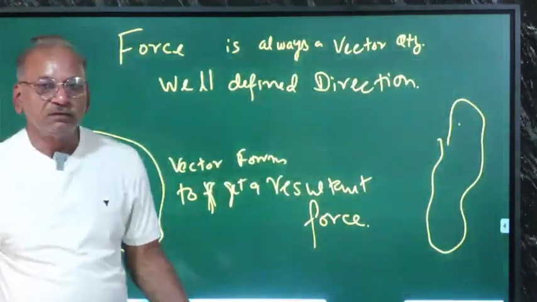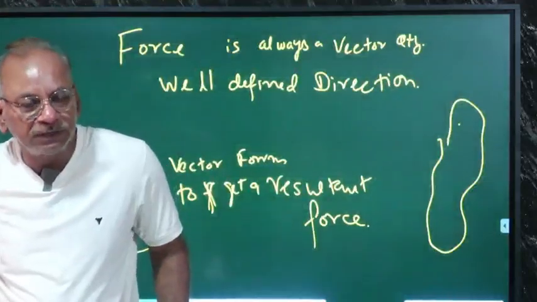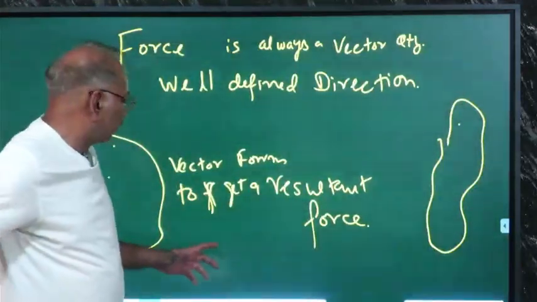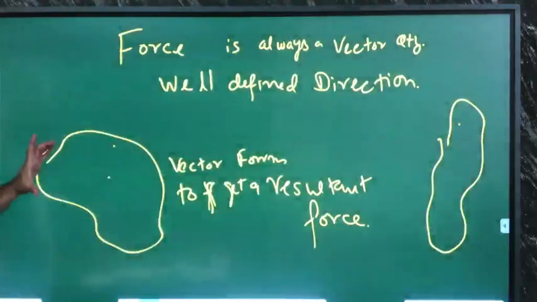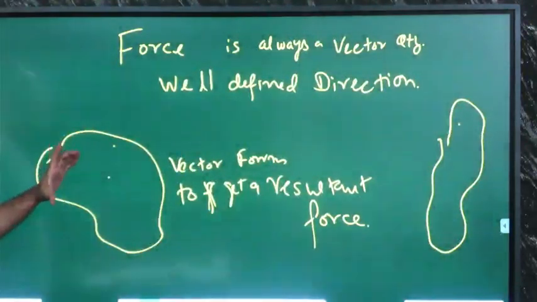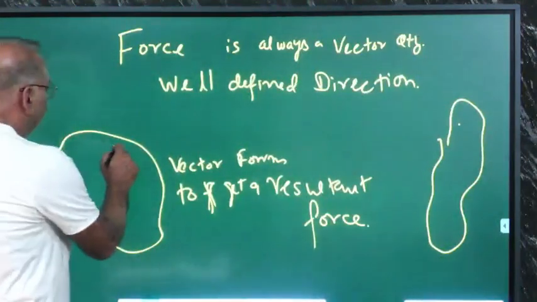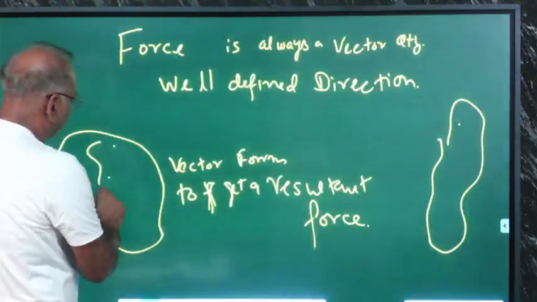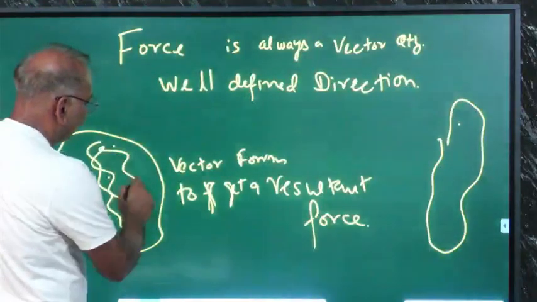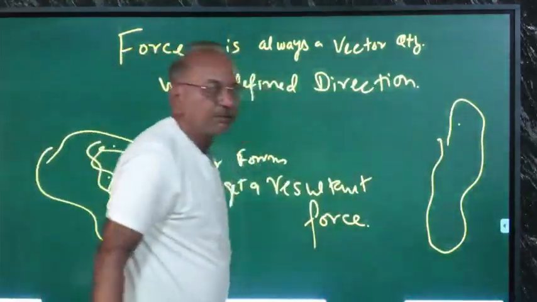Magnitude is there, but also there will be a well defined direction, which will be the resultant of vector summation of all the forces acting in this body towards another body.